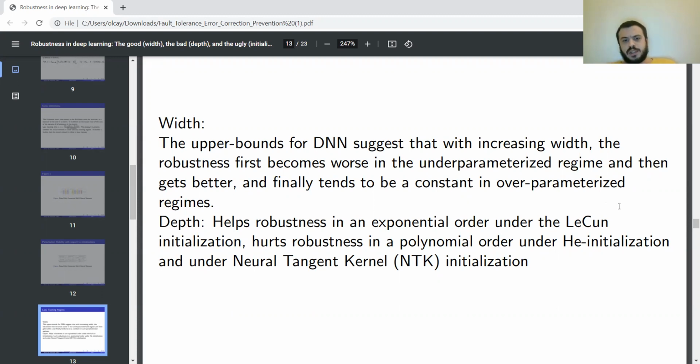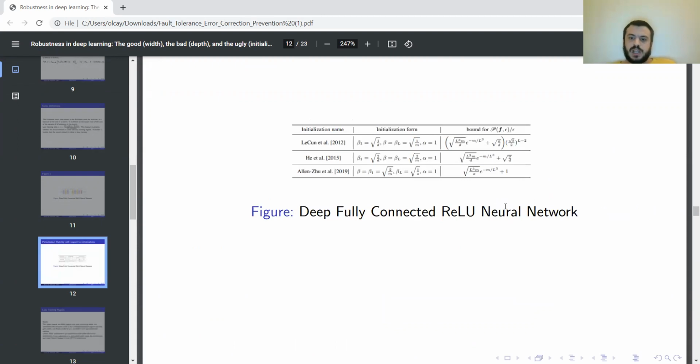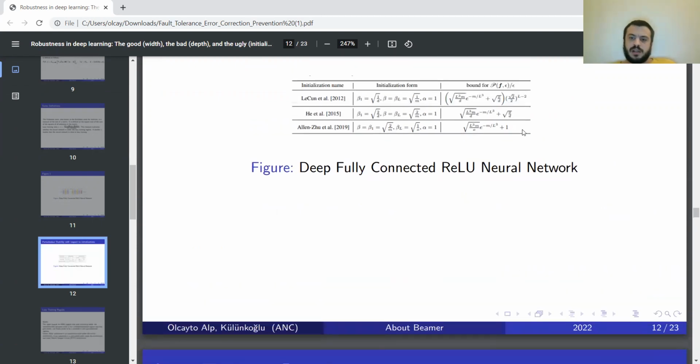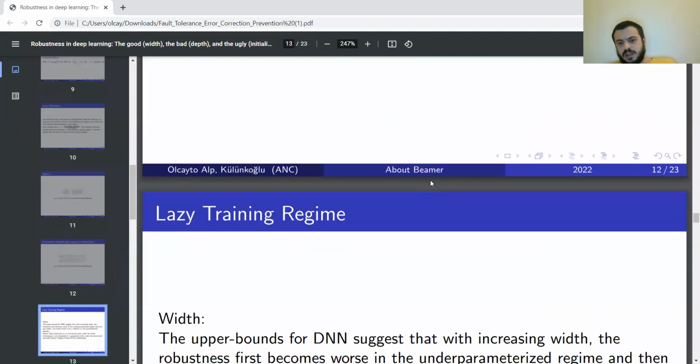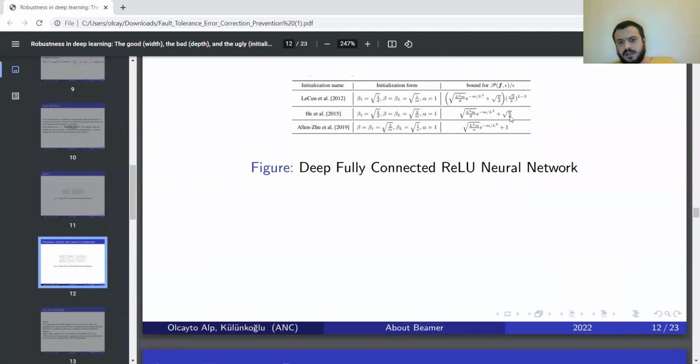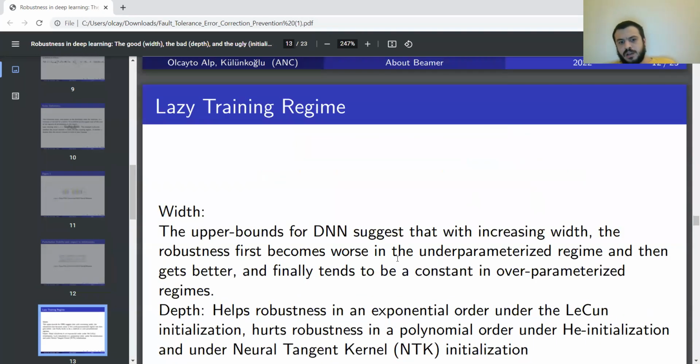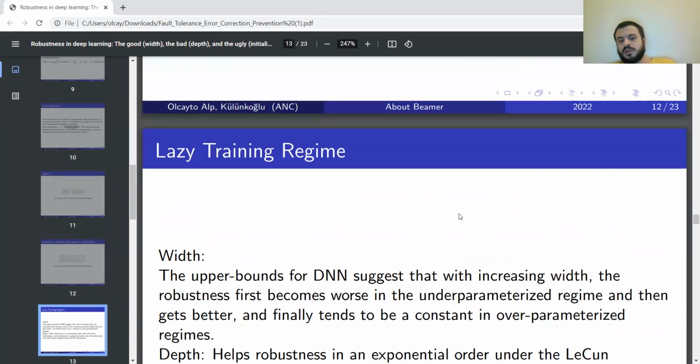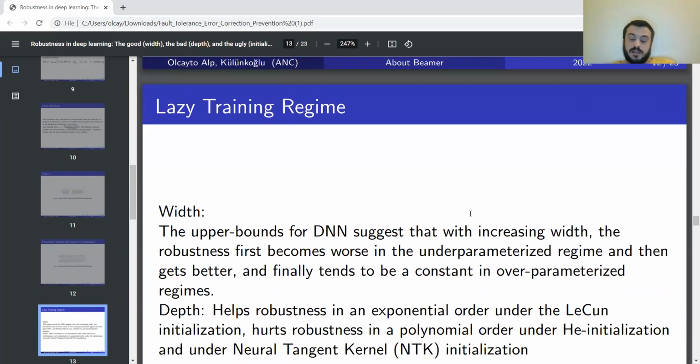So for the width, these bounds suggest, and I will come to the analysis, I will give the summary of it, that with increasing width m, you see the exponential minus m, the robustness first becomes worse, and after a critical point it gets better and tends to be constant as epsilon goes to 0 and m goes to infinity.